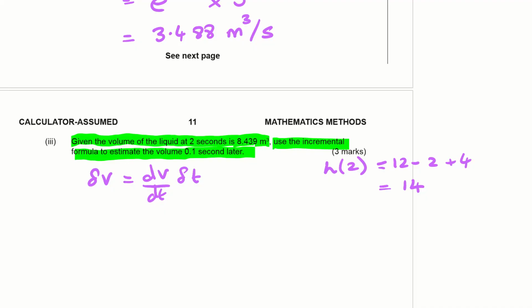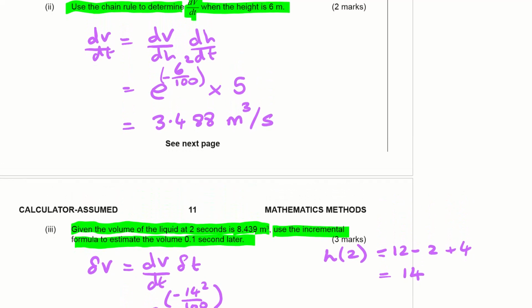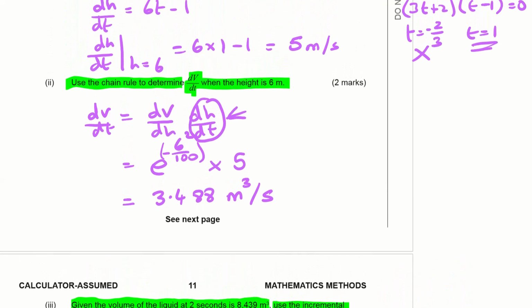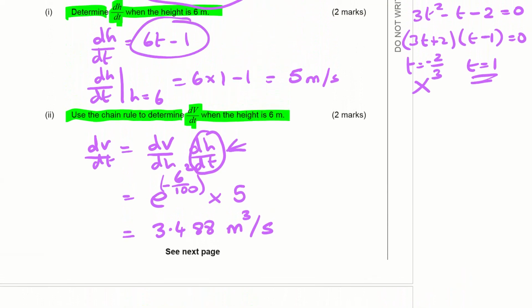So we get e to the negative 14 squared over 100. Now this is dV/dh, so we're going to multiply here by dh/dt, but this is when t is equal to 2, and our dh/dt is that.